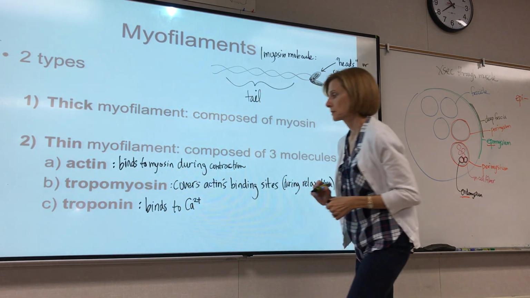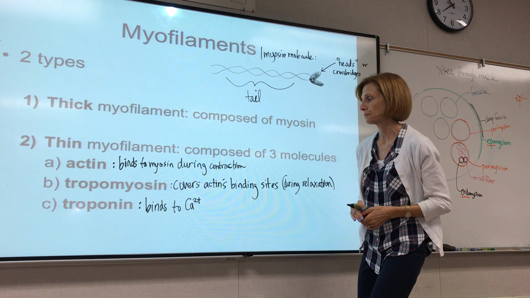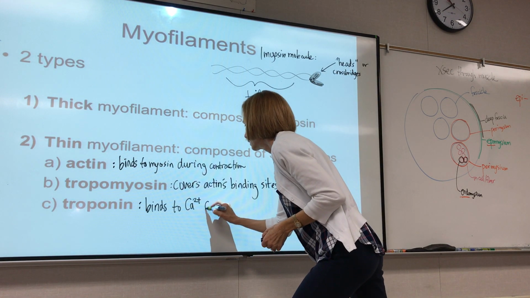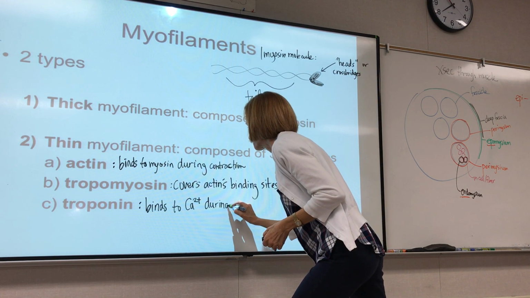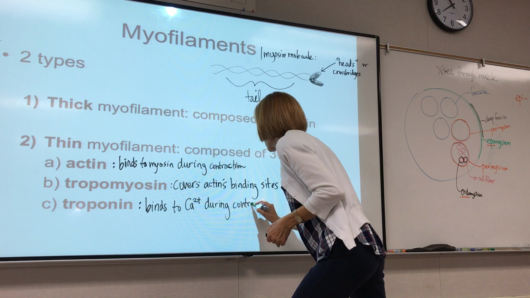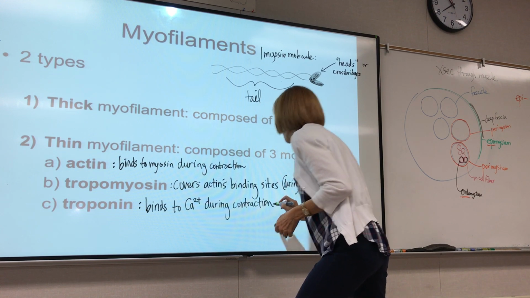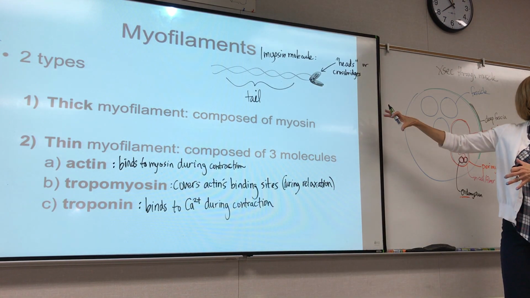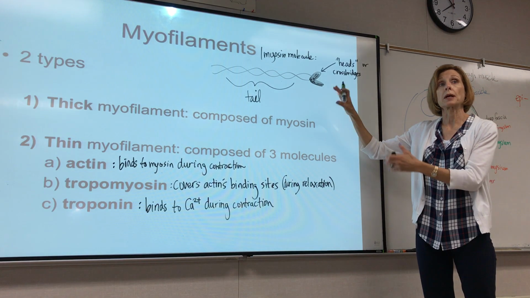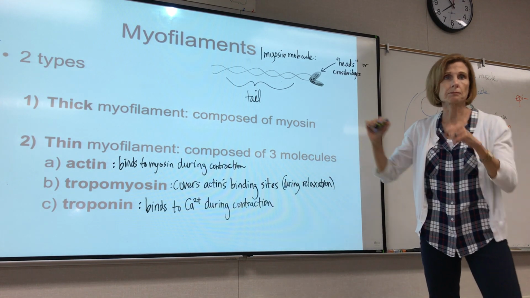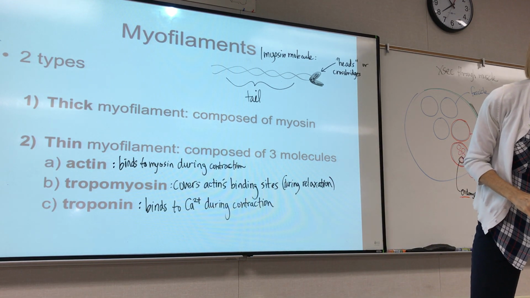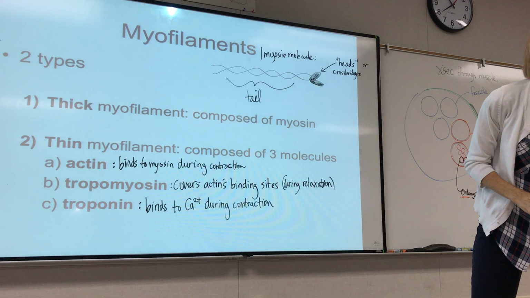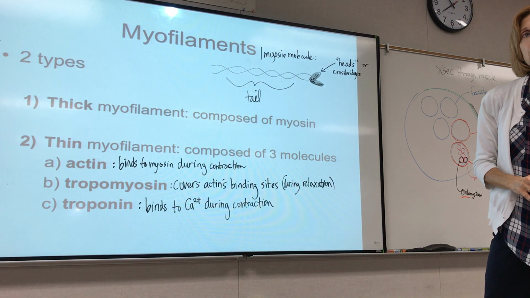Okay, I'm going to use the chemical abbreviation for calcium during contraction. So let's take a look at the filaments and I'll go through that again when we're actually looking at a diagram. Just really quick, it binds to calcium during contraction, but what did you say that shoves off the tropomyosin?